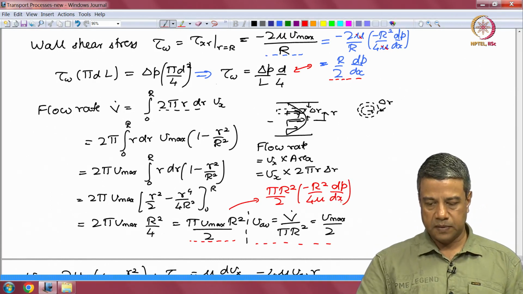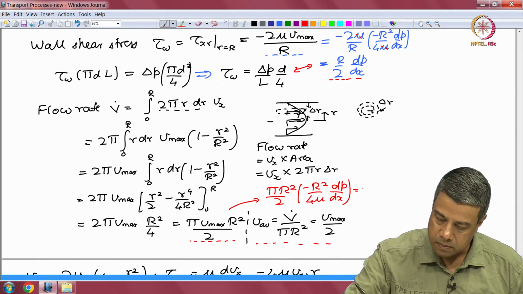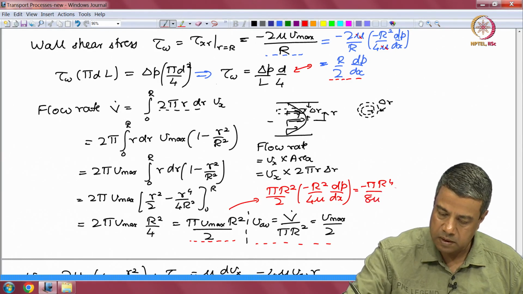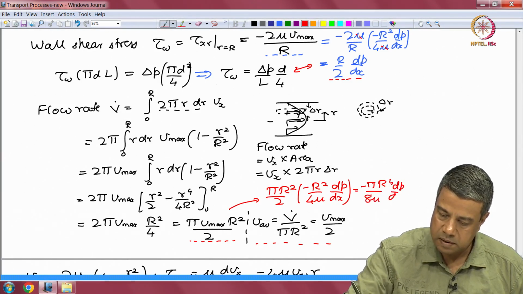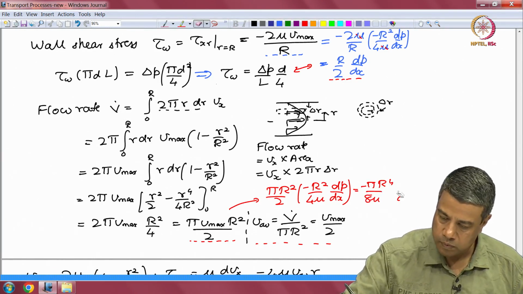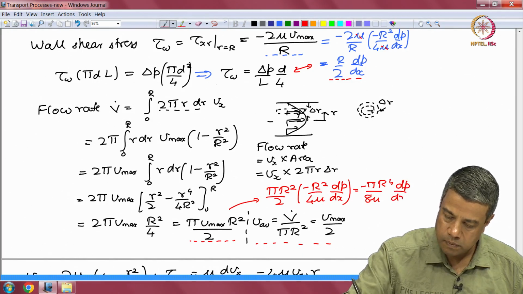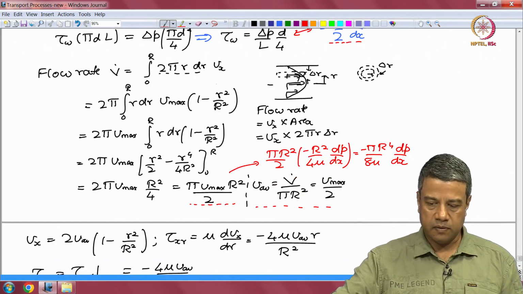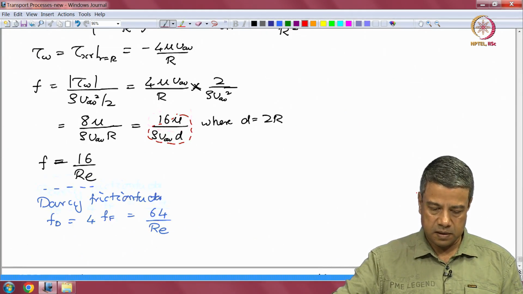So, this is equal to minus pi r power 4 by 8 mu dp by dx.